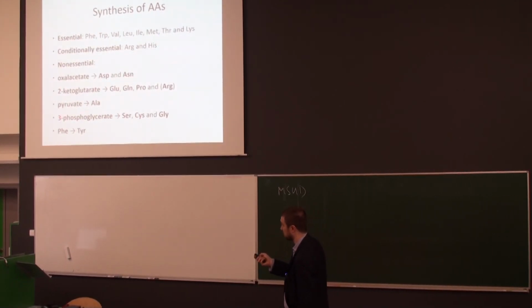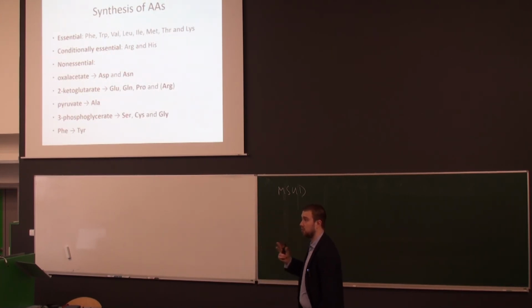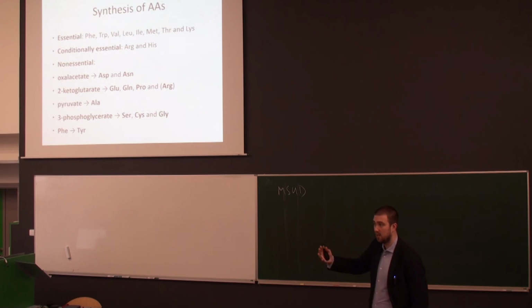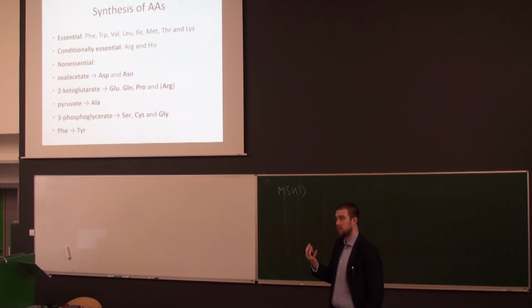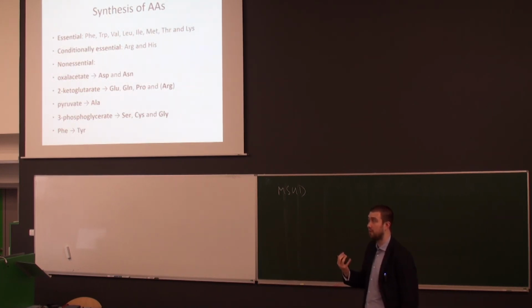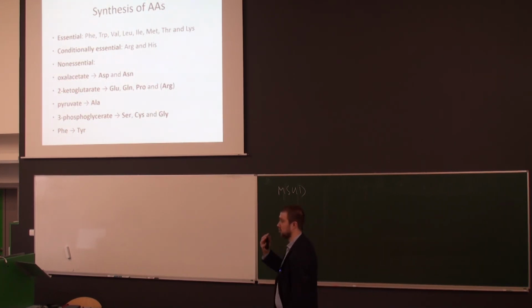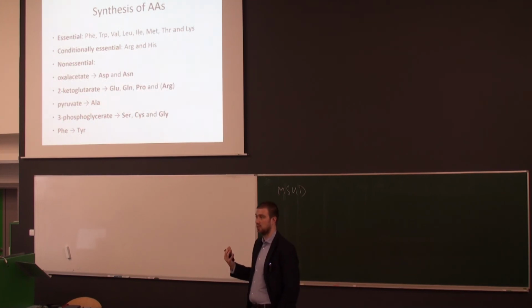This 3-phosphoglycerate serves as the precursor for serine, cysteine, and glycine. You do not have to know in detail how it's done, but you should know that these three non-essential amino acids are produced from an intermediate of glycolysis. That is the same as glycerol being produced from dihydroxyacetone phosphate.